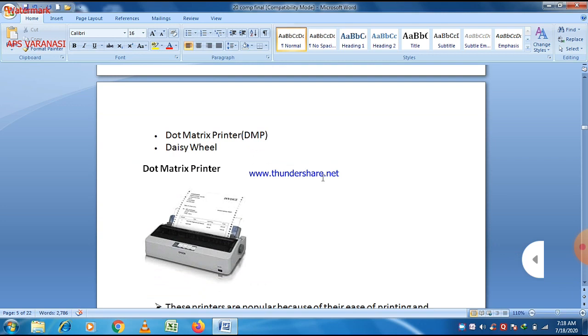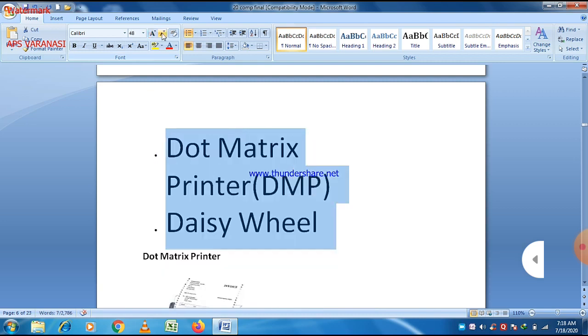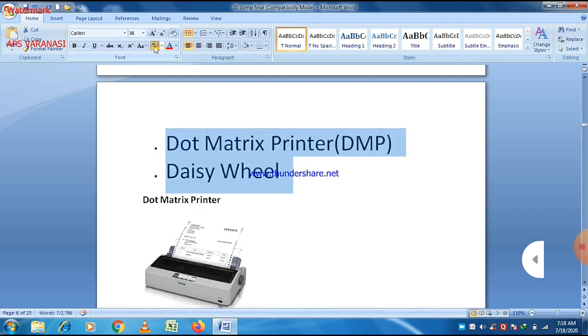Now this is an example of a dot matrix printer here. As the name suggests, a dot matrix printer prints the output in the form of dots. So they are called dot matrix printers. The diagram is given here. You can easily see that it looks like the diagram on the screen.